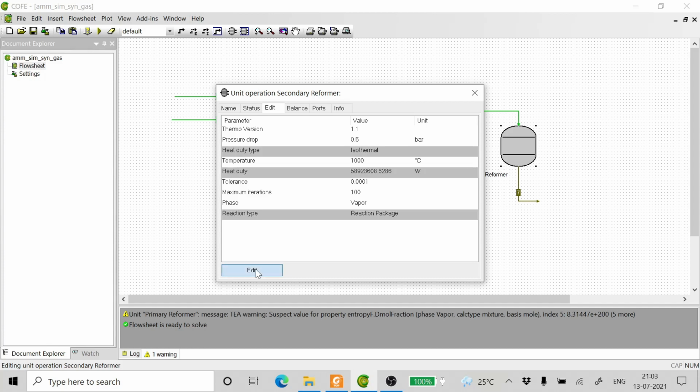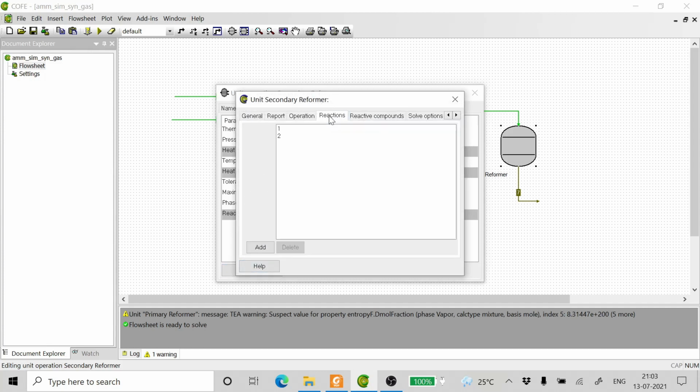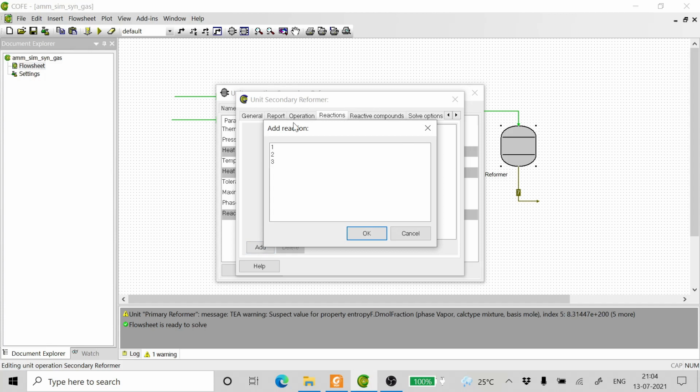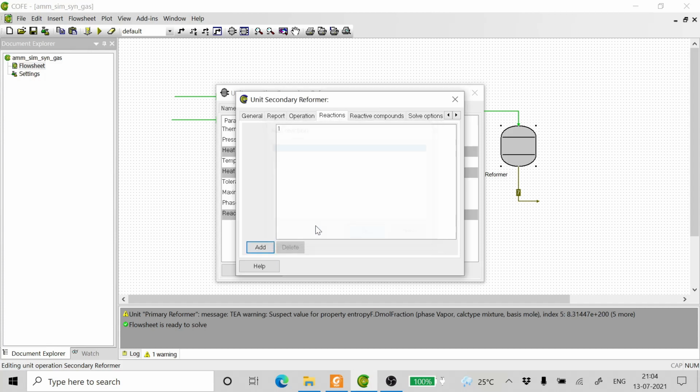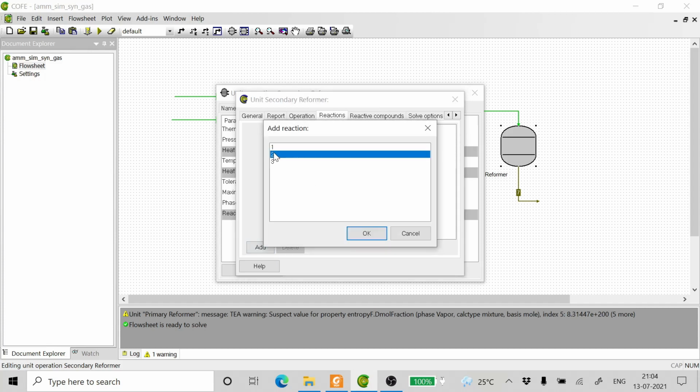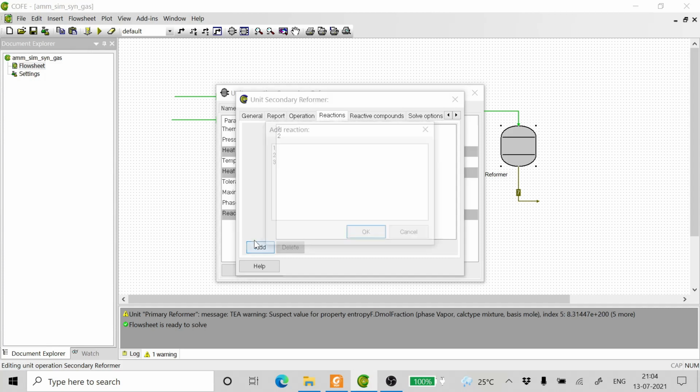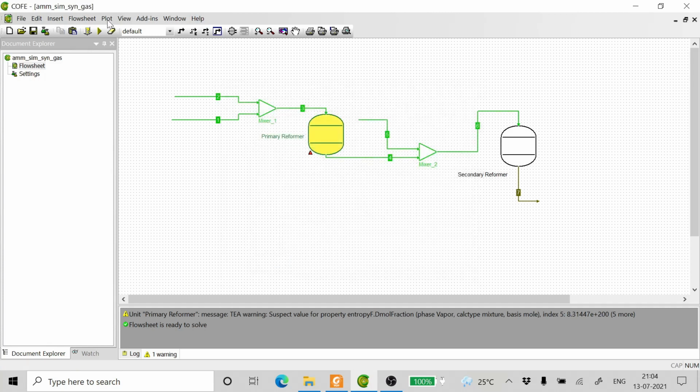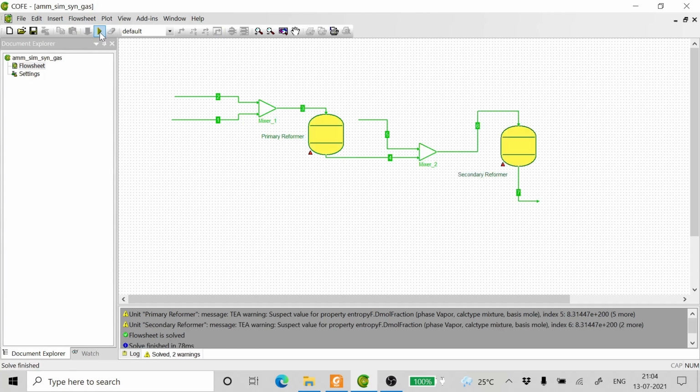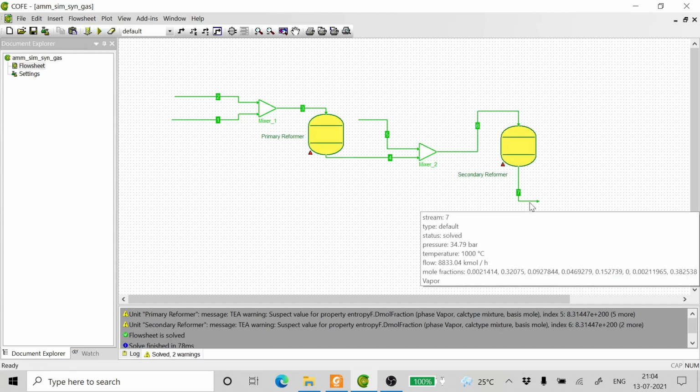And now we go to edit, and in the edit we go and delete the reactions first. Now again we add the reactions, as we know that all the 3 reactions are going to occur, so we add them. We are done. Now let's run the simulation. We are done running the simulation.